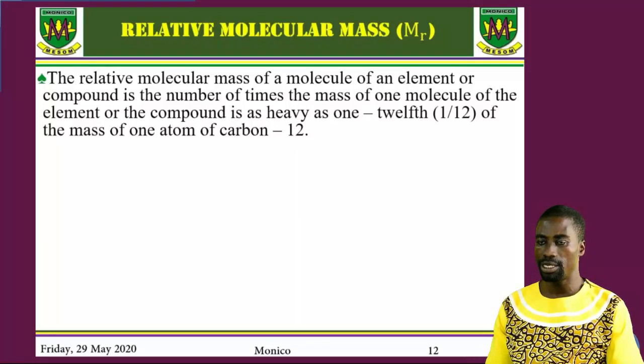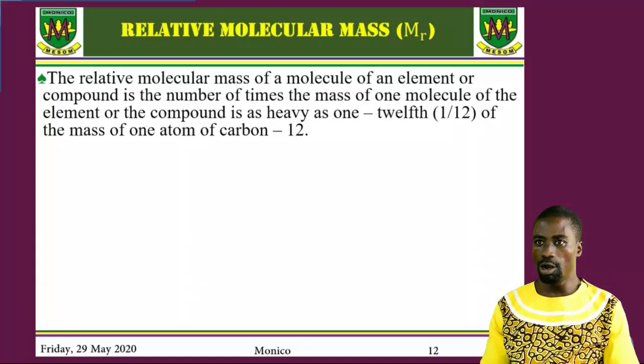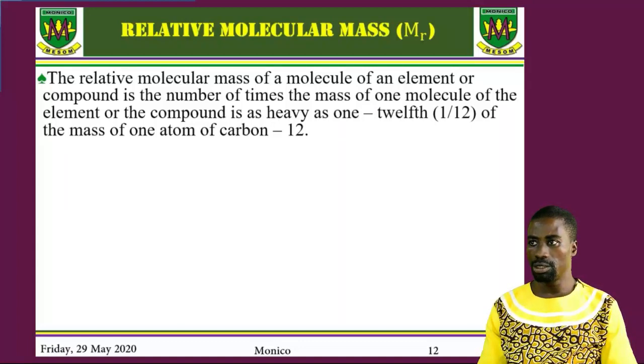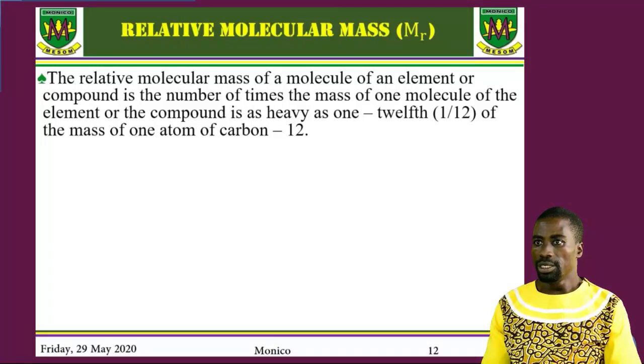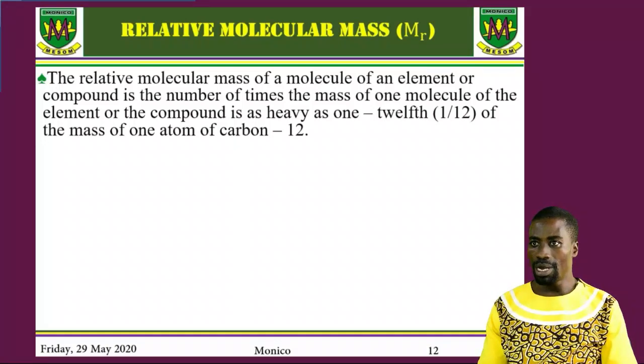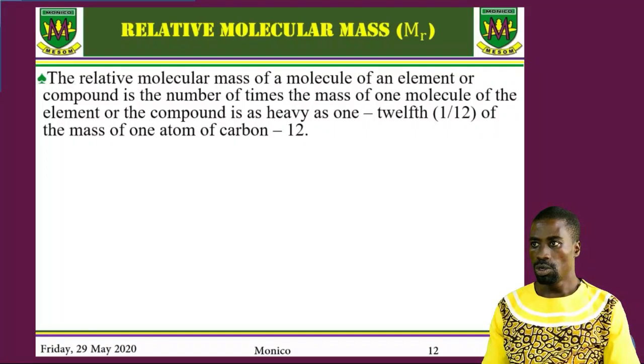This seems a bit lengthy, but the concept in there is not long. What we mean is that you are comparing the mass of a particular molecule to 1/12 the mass of one atom of carbon-12.